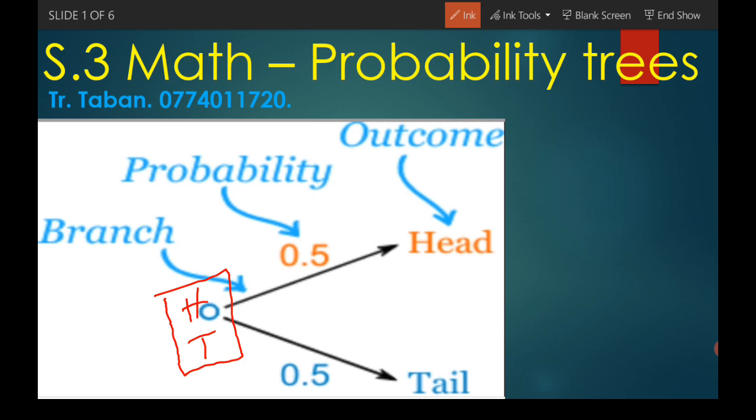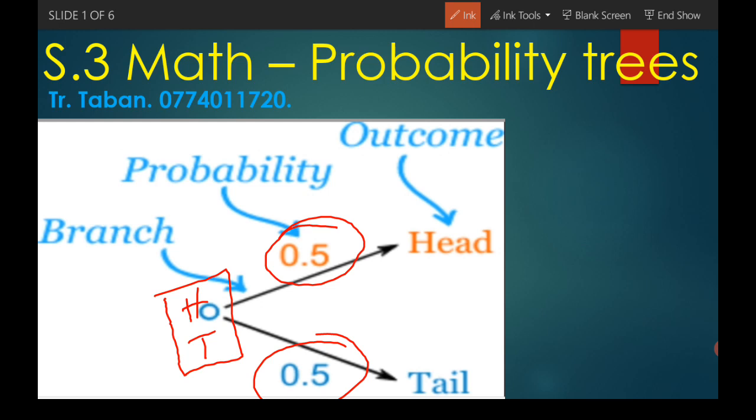Assuming that you place your hand in a box without seeing, shake the box, and afterwards you pick out that coin with one face facing up, you can either get a head on top or a tail on top.